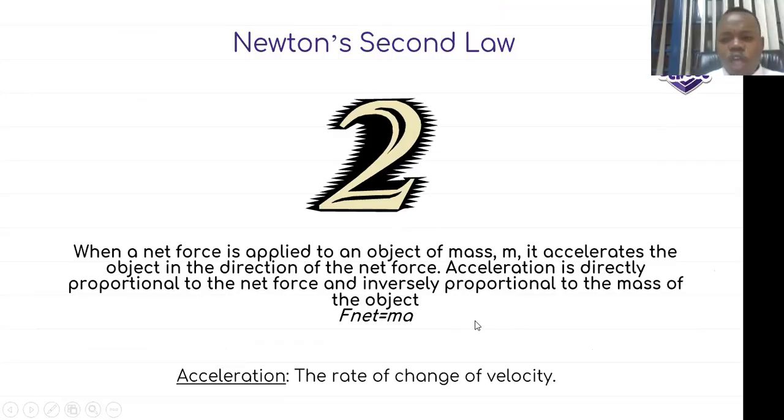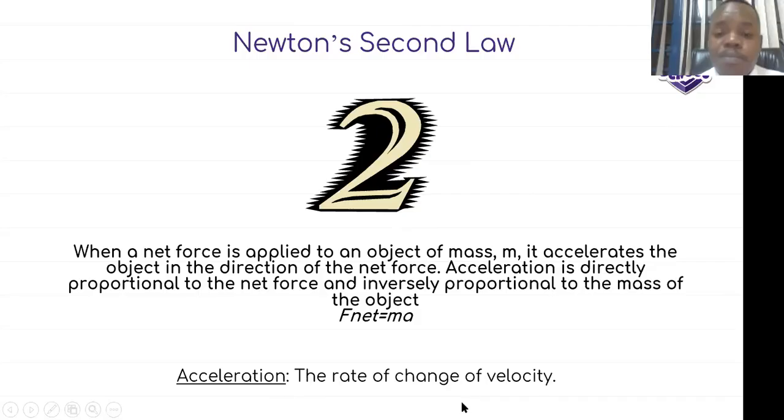Newton's second law of motion is very important because there are a lot of calculations that you must be able to do. And tomorrow, as we look into Newton's third law of motion, we will be reverting back to Newton's second law of motion, and we will be doing quite a number of questions on this particular topic.